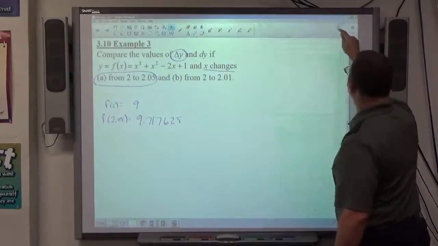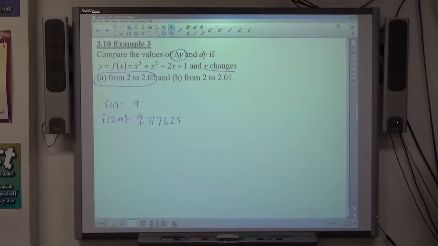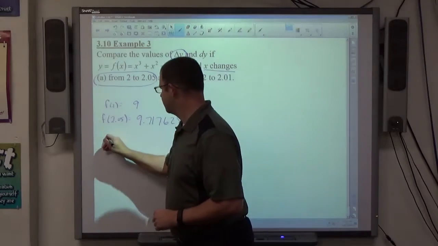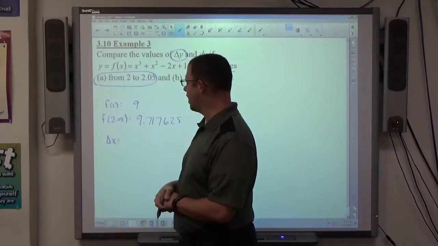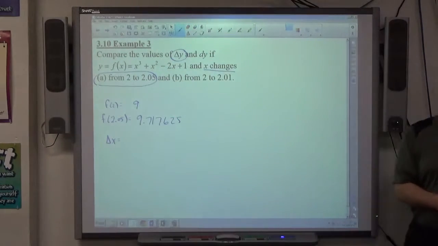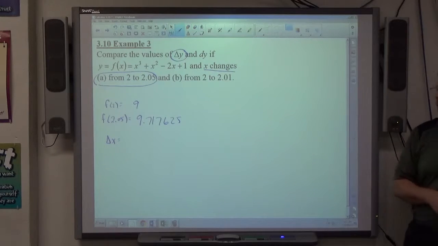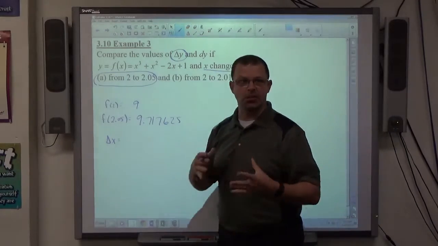Okay, so looking at part A, they want me to find delta y. What is delta x? The change in x. What's x changing from and to? 2 to 2.05. So how much did x change? 0.05. To find change, you subtract, right?